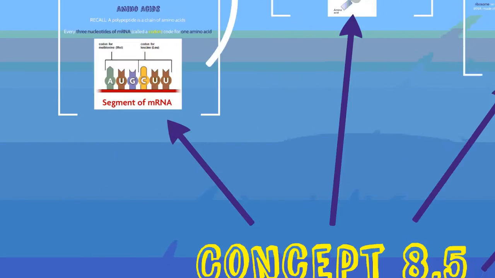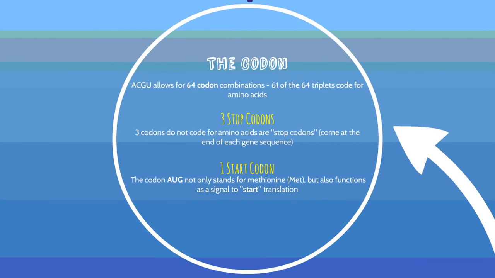All right, so let's review translation. If you remember translation, we talked about codons. Translation is going from the strand of RNA to our chain of amino acids. But we have to talk about codons, because codons are a group of 3 nucleotides, and those 3 nucleotides together make up a codon. Okay? So remember, we had stop codons and we had start codons.